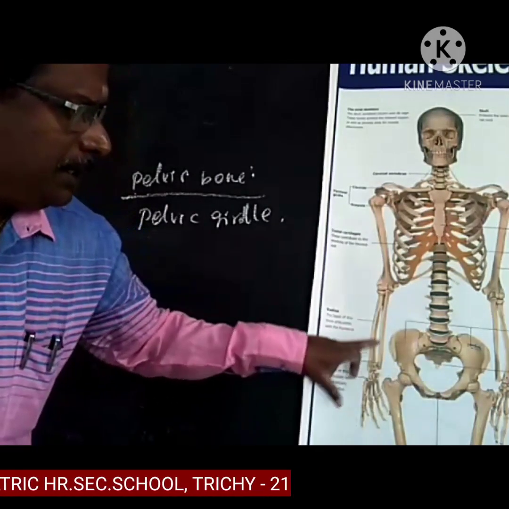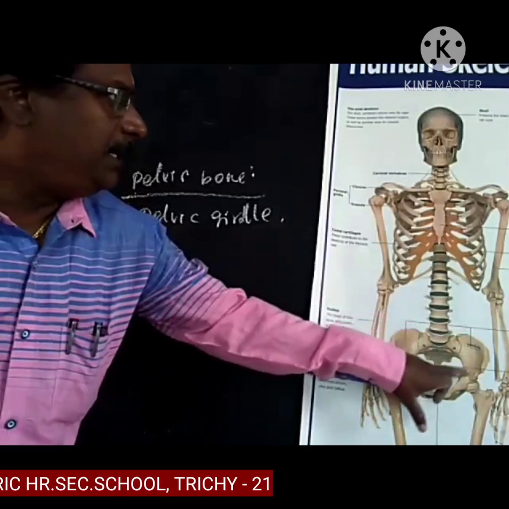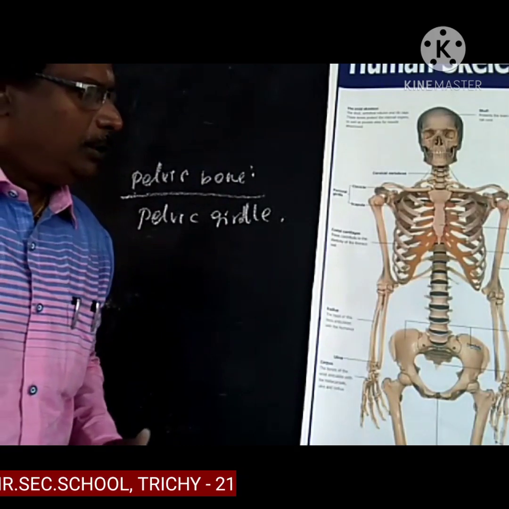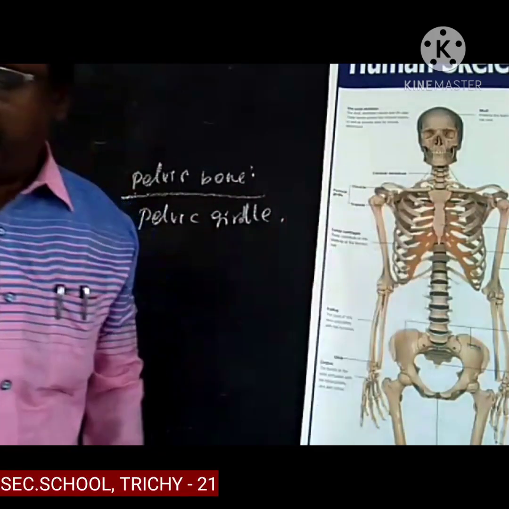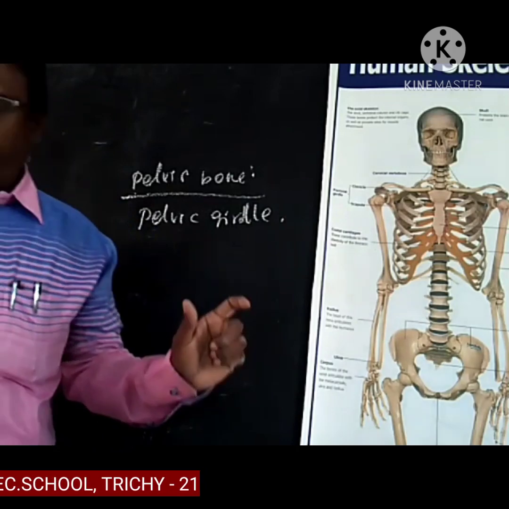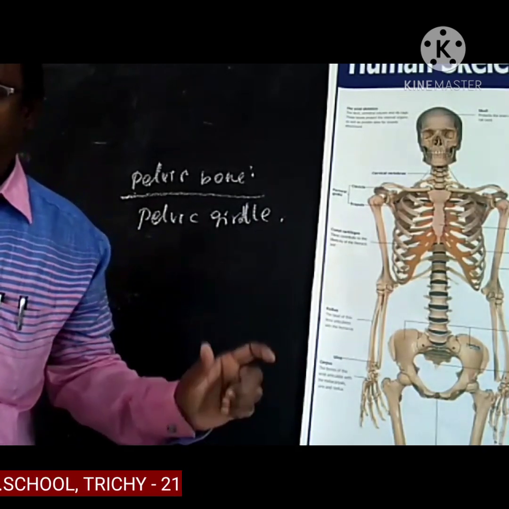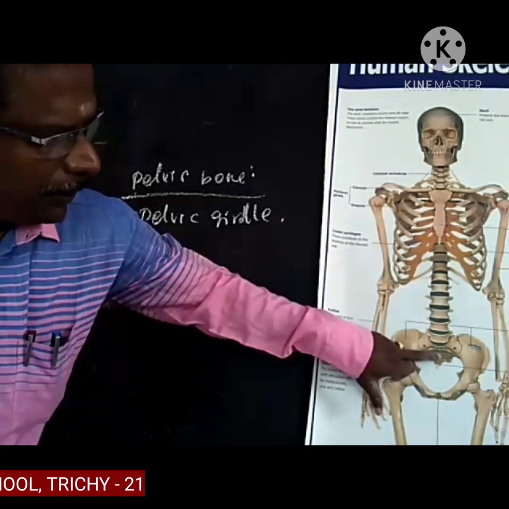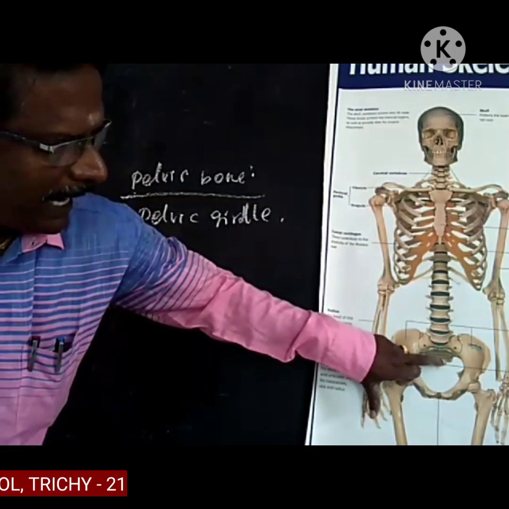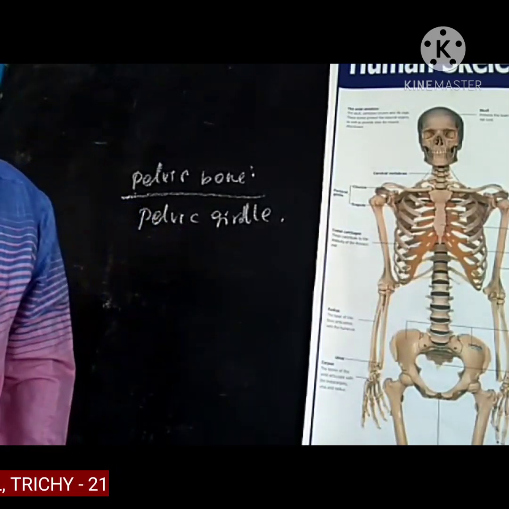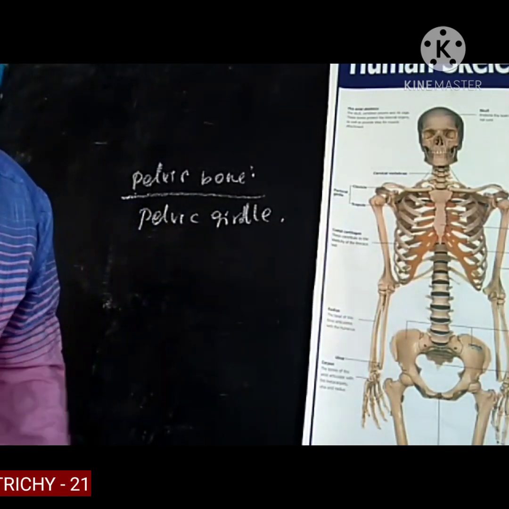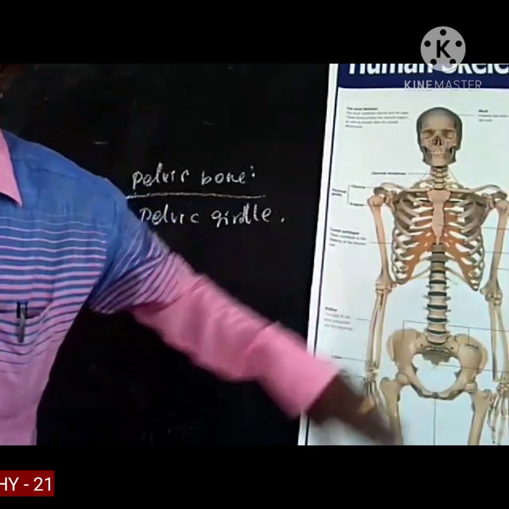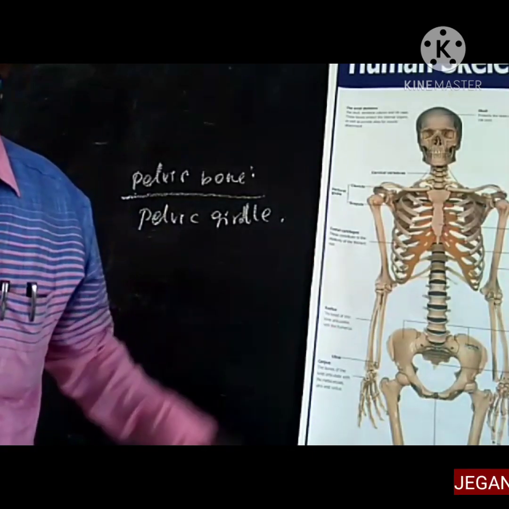The pelvic girdle is formed at the back by five fused vertebrae, the sacrum, and forms a large cavity at the center reaching the front.